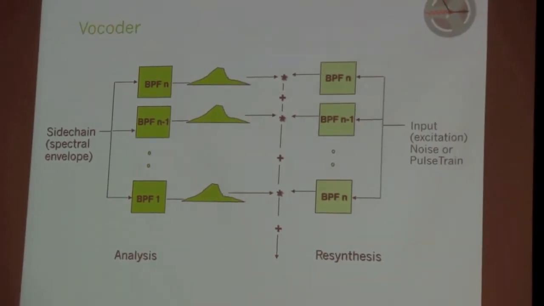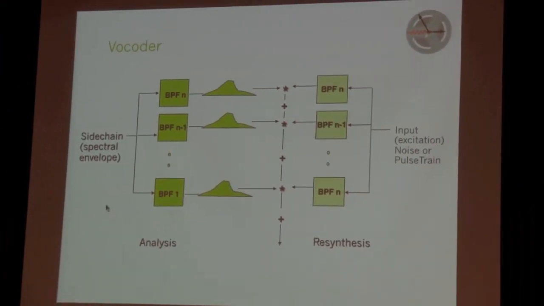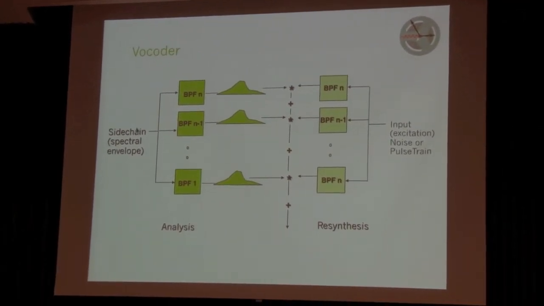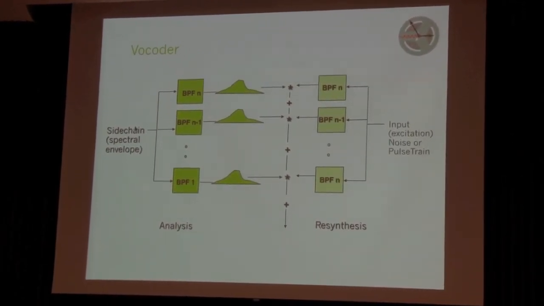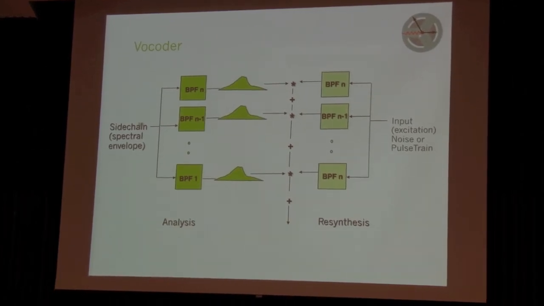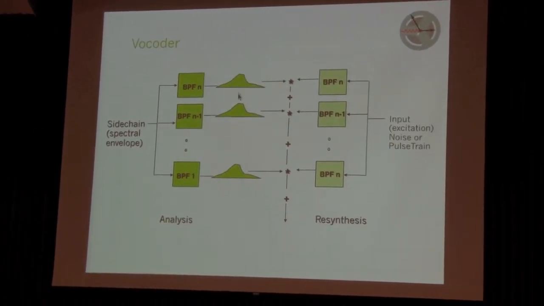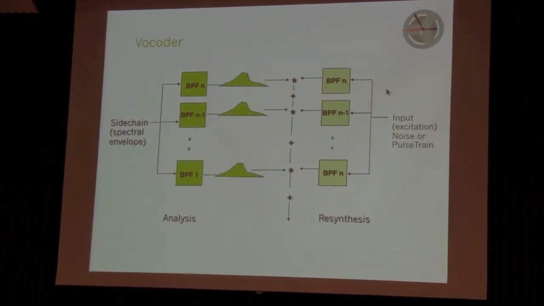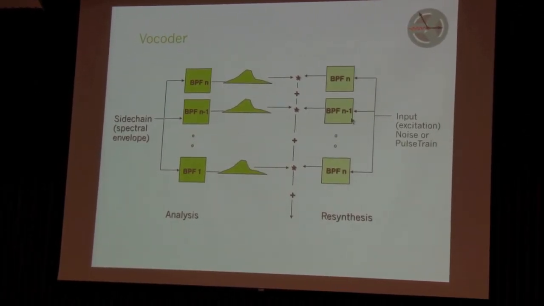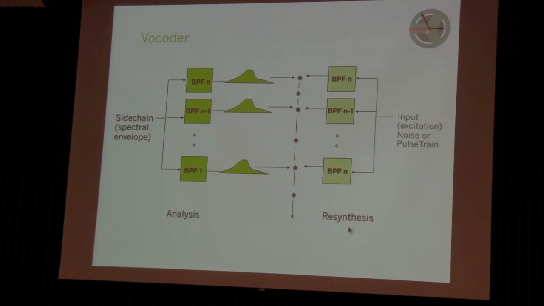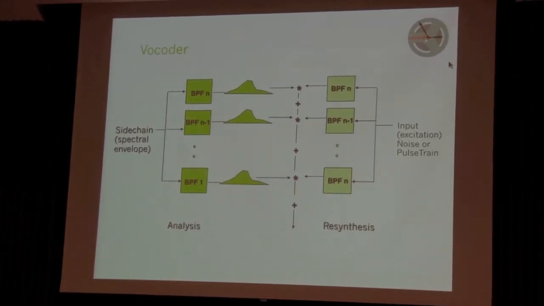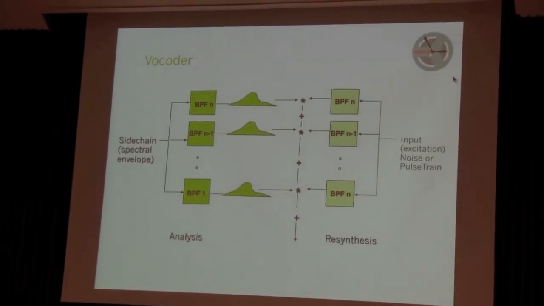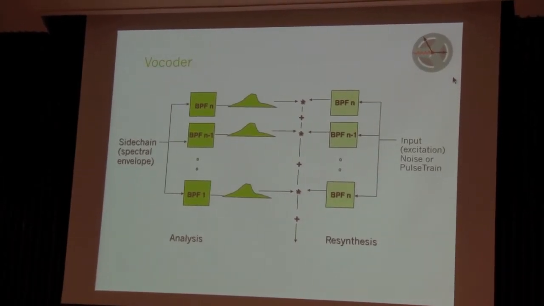So that's what's happening with the vocoder. You have kind of an analysis: a bank of filters with some voice coming into it, and it extracts amplitude envelopes coming out of each one of those bands, and then multiplies by a parallel bank of bandpass filters, with a different input into those filters, usually noise or something pretty broad.